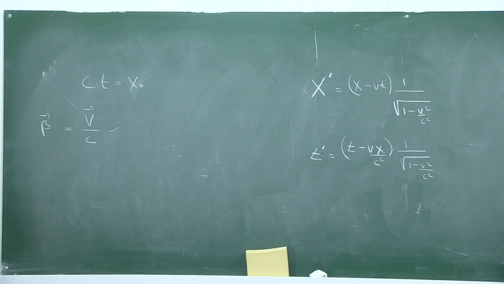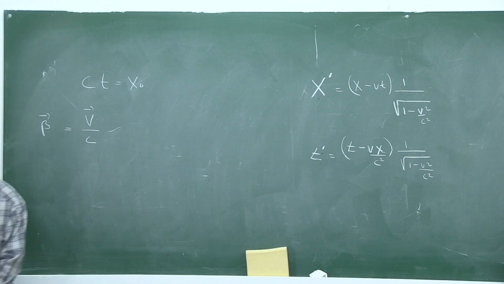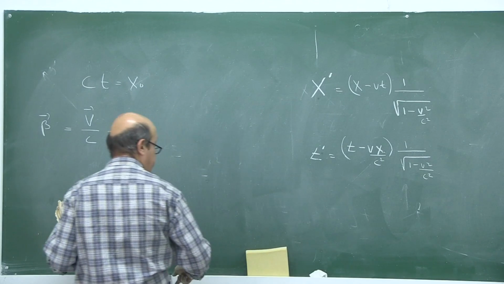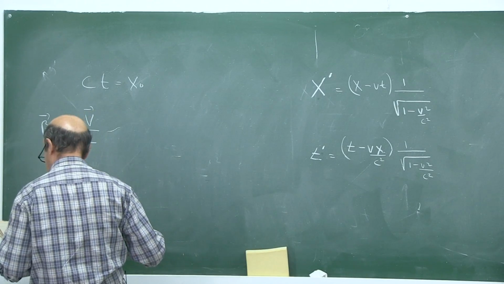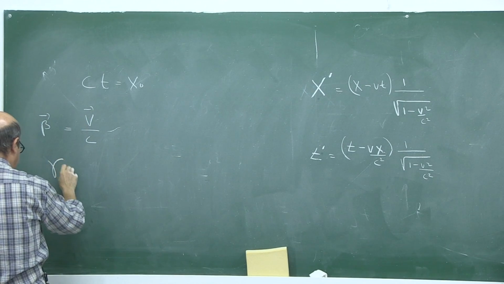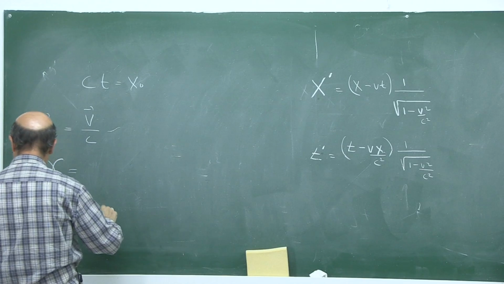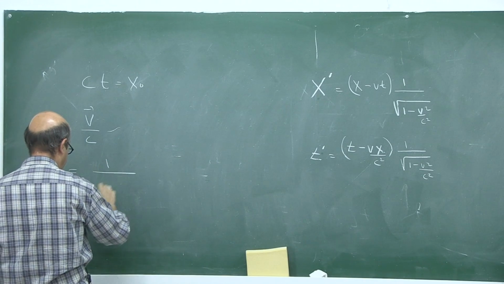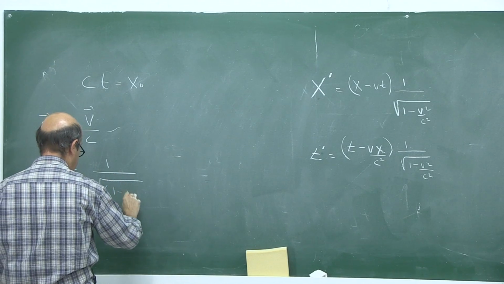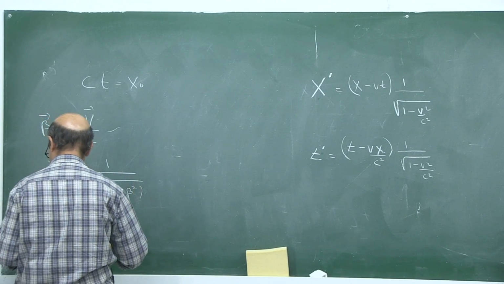So we have gamma as the Lorentz factor. The square root of 1 minus v squared is gamma, which is called the Lorentz factor, that is 1 over 1 minus beta squared.